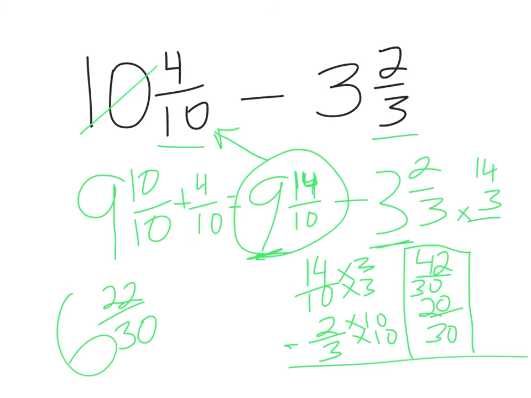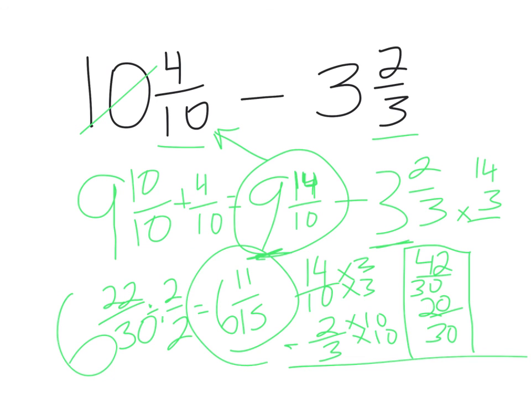The 22/30ths can't stay. The 22/30ths would have to be simplified. I could simplify it by 2 over 2. 22 cut in half is 11. 30 cut in half is 15. And so my final answer here is going to be 6 and 11/15.